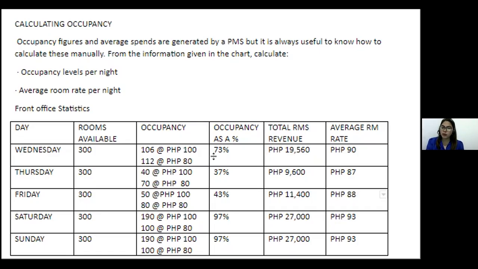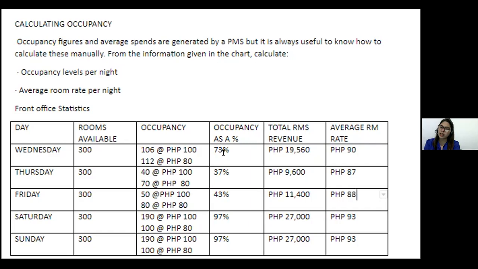To get the total rooms revenue, you have to add their answers. So 8,960 plus 10,600 would give you an answer of 19,560. So for the day of Wednesday, you have 19,560 as the room revenue.